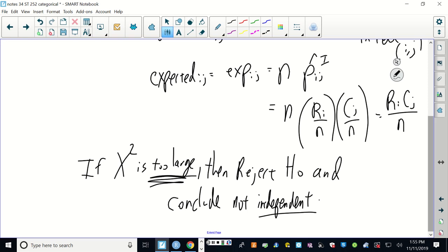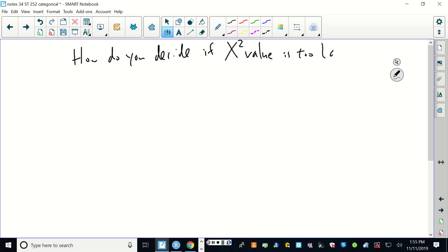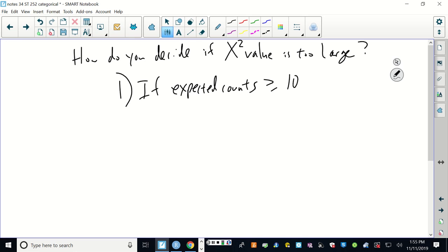So, a couple ways. How do you decide if the chi-squared value is too large? Well, one way, if the expected counts are all greater than or equal to 10, or maybe all greater than or equal to 5 sometimes is allowed.